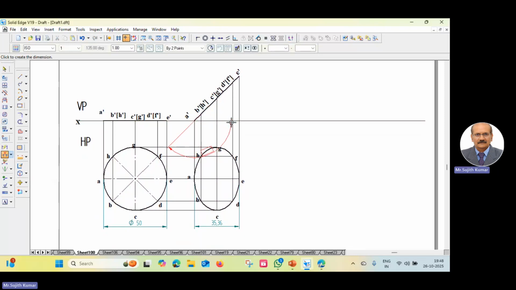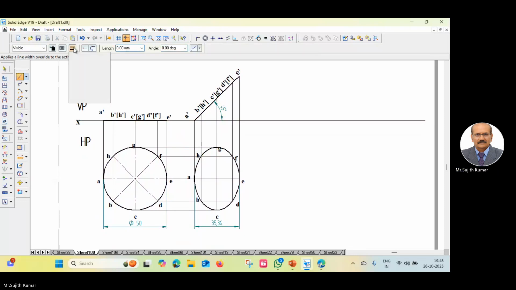Now 60 degrees to VP. Draw a line from here. 60 degrees to VP means like this. It should come, 90 plus 30, 120. Tab key, type 120 on the keyboard. Sorry, minus 120.